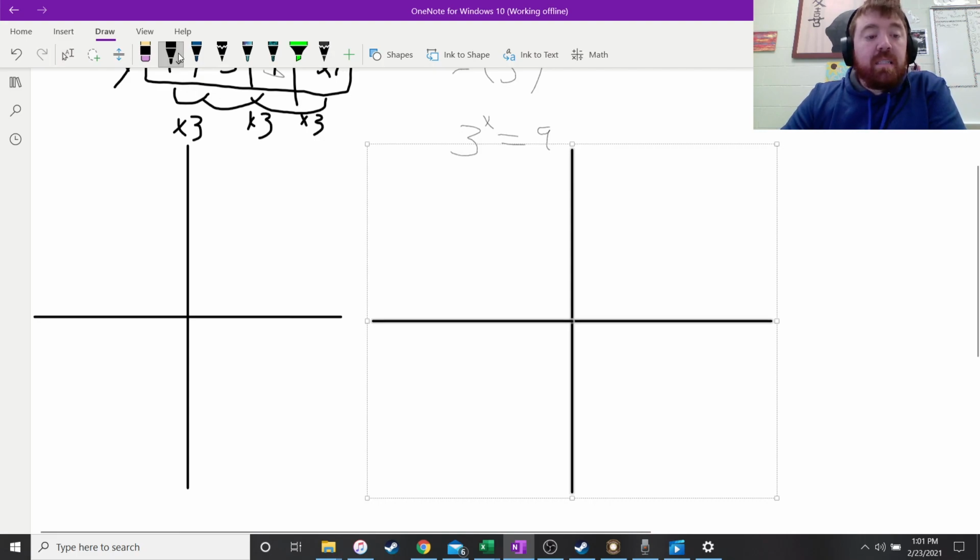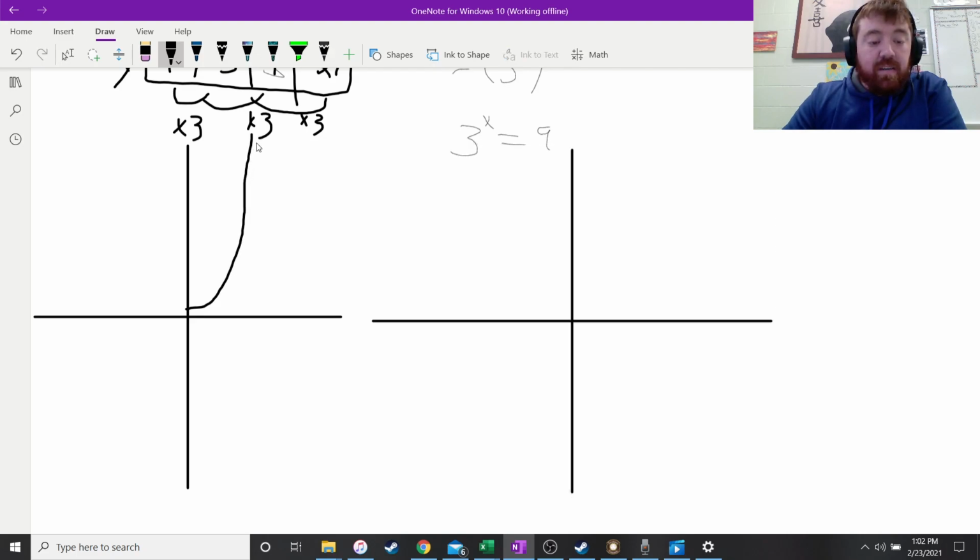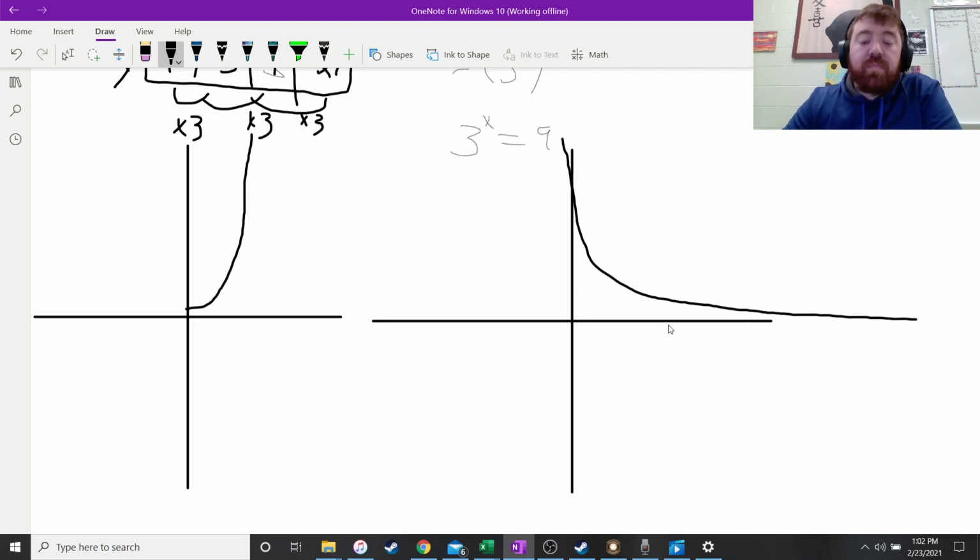Okay, an exponential growth is going to start off low, with a pretty mild slope, and it's going to increase incredibly fast. An exponential decay is going to be the opposite. It's going to be decreasing fast and then the slope is going to get more and more horizontal.